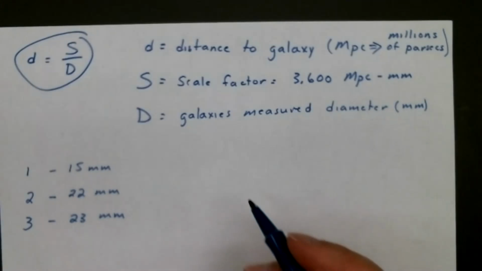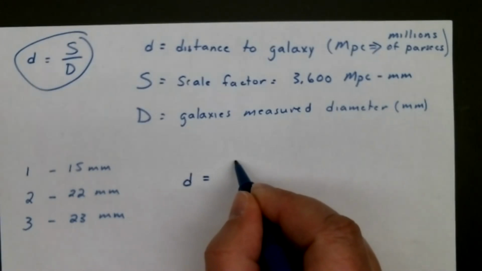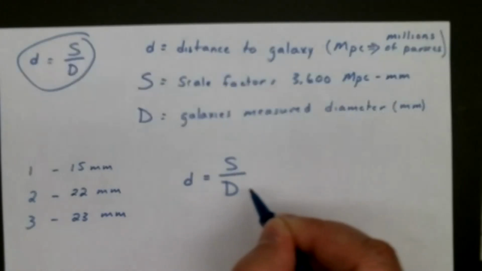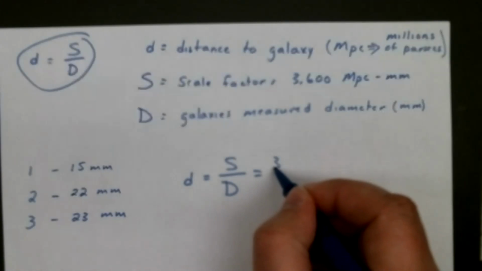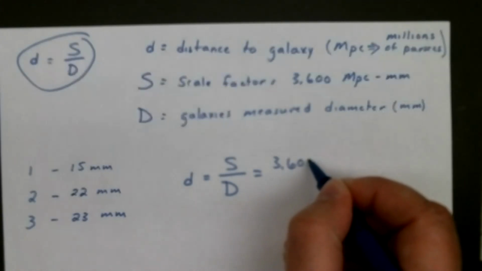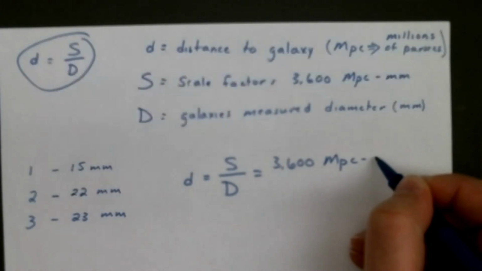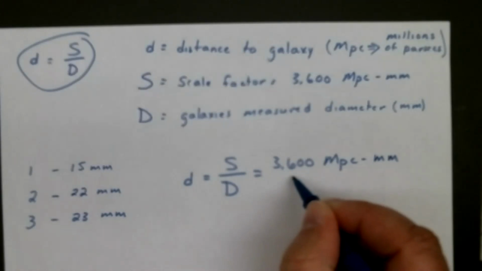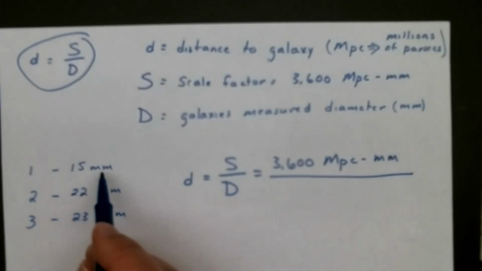So for the first one here, we're going to take D equals S over D. S is our scale factor, 3,600 million parsecs per millimeter. And we're going to divide by our measurement, which our first one was 15 millimeters.